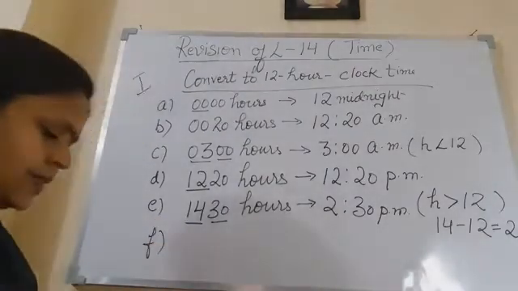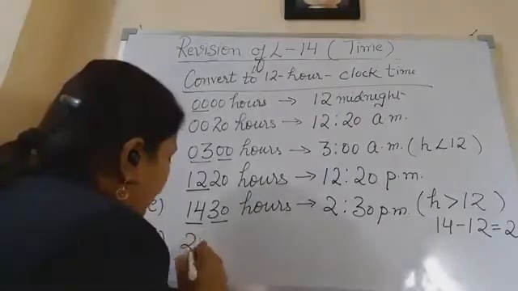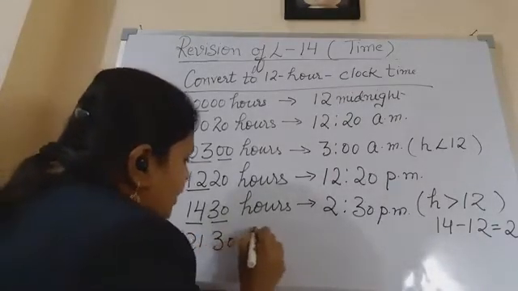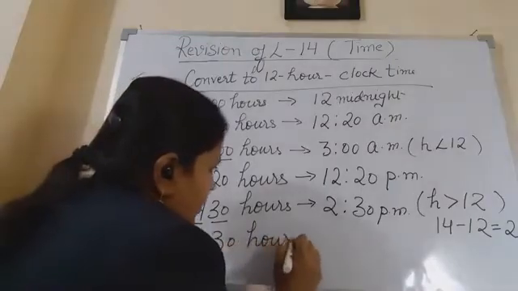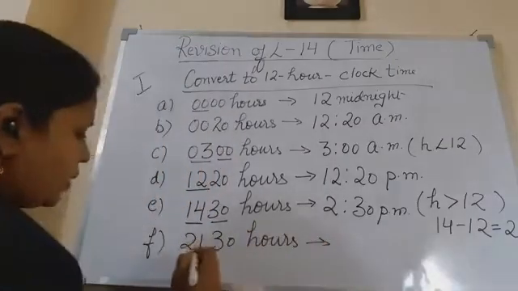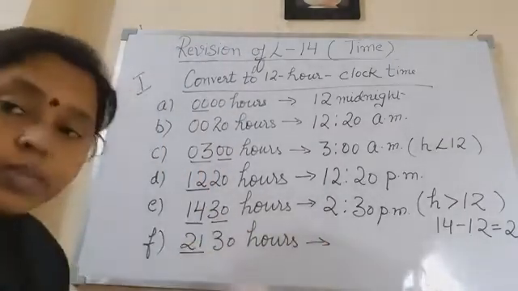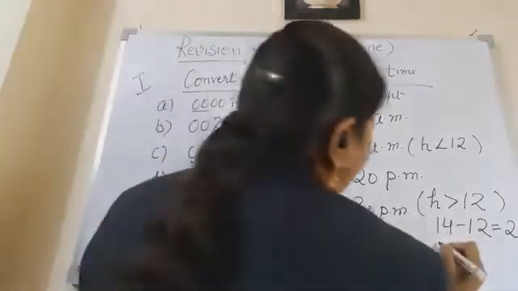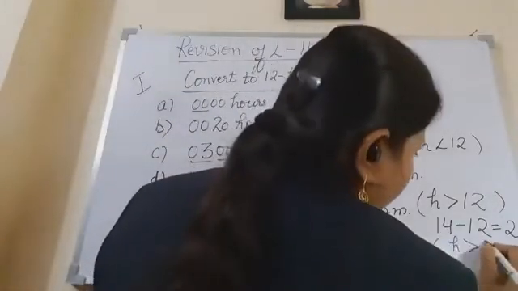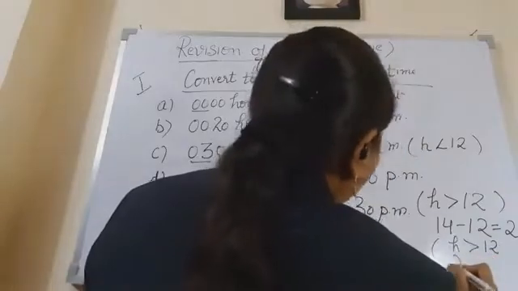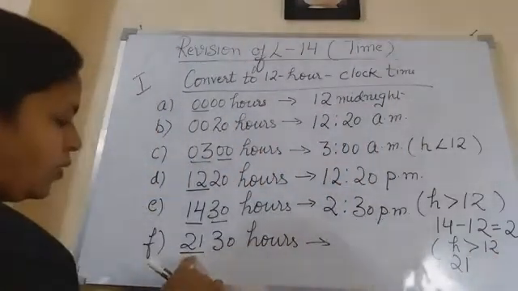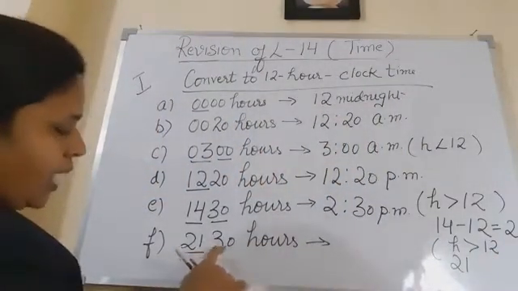So this is 21:30 hours. Again children, here also you can see that the hour is more than 12, right? So what are you going to do? Since the hour is more than 12, you are going to subtract 12 from the given hour. So hour is 21 and the minute is 30.